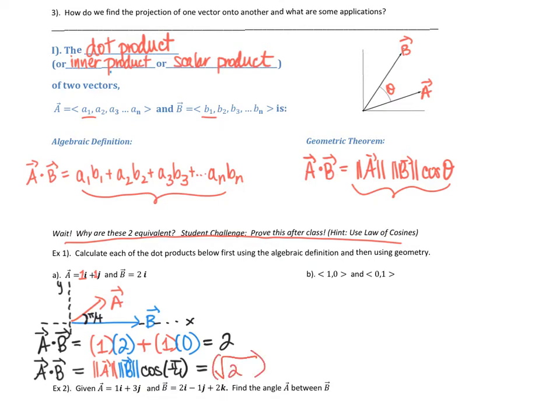Magnitude of B is just going to be 2 because this is just a vector of length 2 in the i direction, and then cosine of pi over 4 is 1 over square root of 2, and so together I'm going to end up back at 2. And so this was just showing how either way, doing it algebraically or using the angle between them, I get the same value for the dot product.